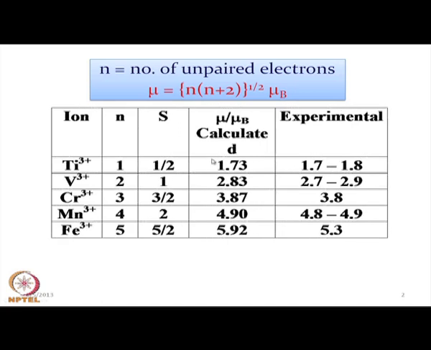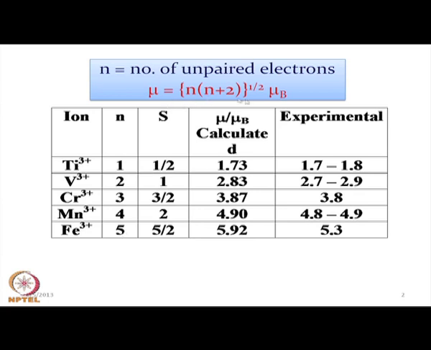So we go for this equation for determining the number of unpaired electrons in the different systems. We can see how we calculate these, whether we have 1 unpaired electron, 2 unpaired electrons, up to 5 unpaired electrons.